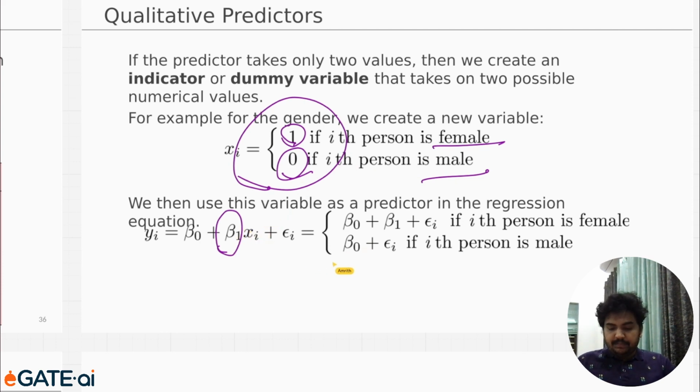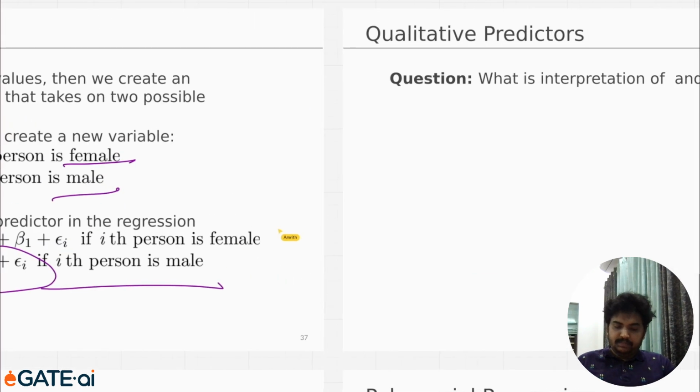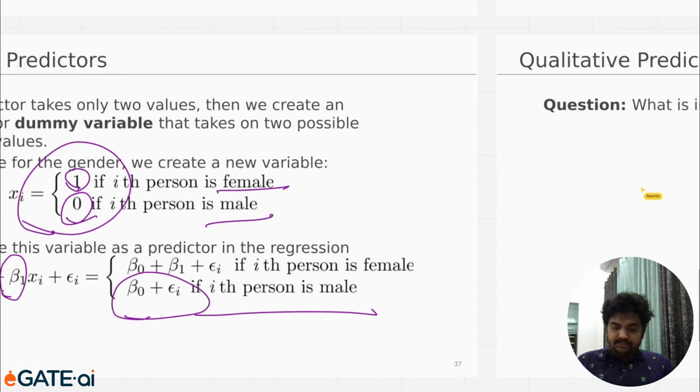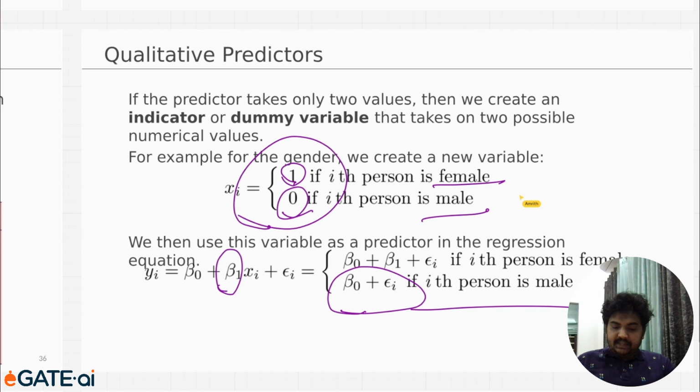So we are talking about beta 0 plus epsilon i if the ith person is male, but beta 0 plus beta 1 plus epsilon i if the ith person is female, because xi can either be 1 or 0, and beta 0 was our intercept. It didn't have an x value. Epsilon also is independent. We are not talking about the rest of the betas, just beta 1 at this moment.